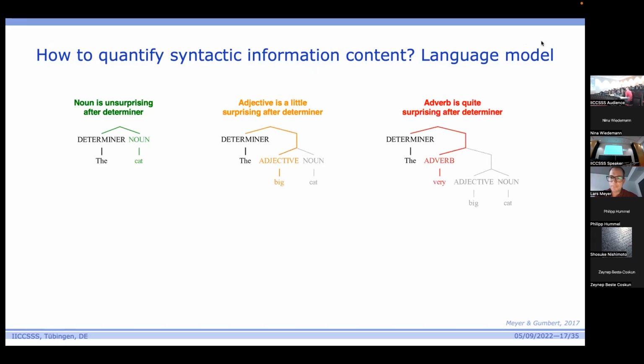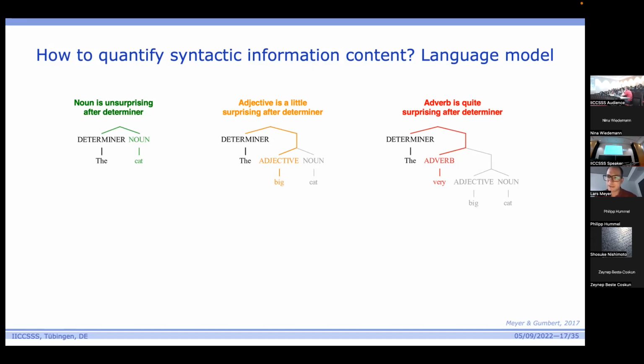Consider these here. And I already mentioned something similar to that. When you have the green version here, you find that a noun is very unsurprising after a determiner, right? The cat. Okay, noun after determiner. When you have an adjective instead, according to corpus data, it's less frequent, less probable to occur.